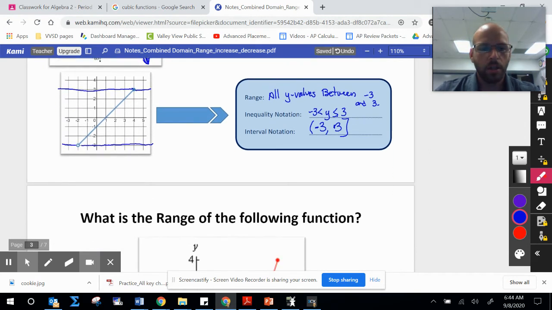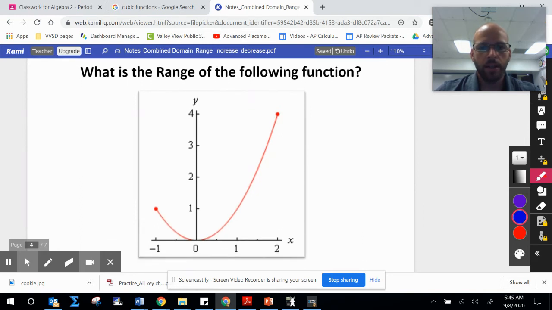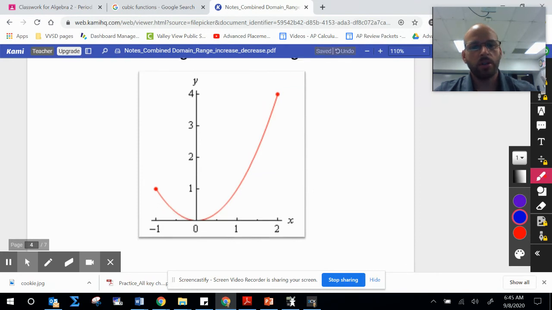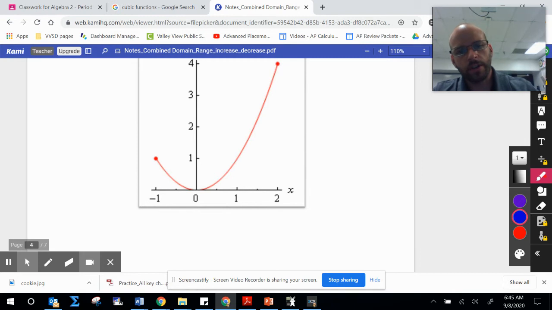Okay. So I'm going to pause. I want everybody to answer this question. What is the range of the following function? Okay. I want to know what the range of that function is. I'm going to pause. See if you can figure out that range. I'm going to go, the lowest value is actually at this little vertex.